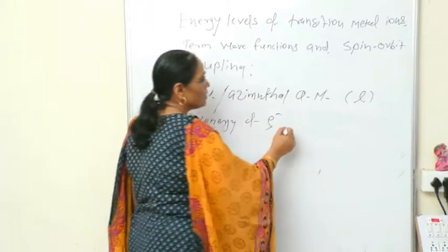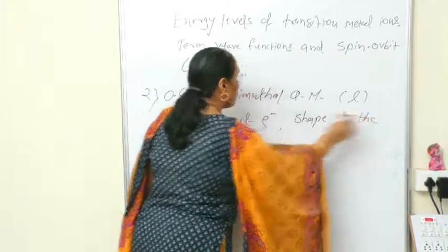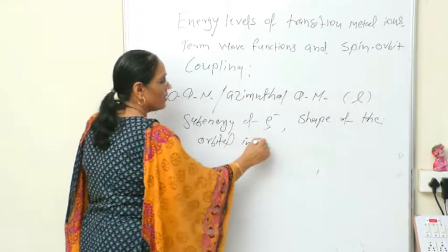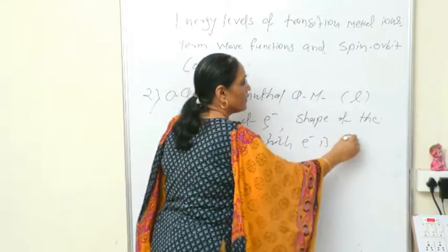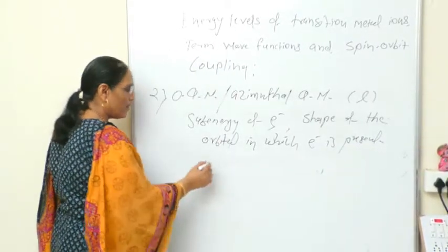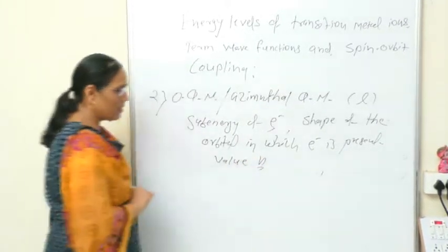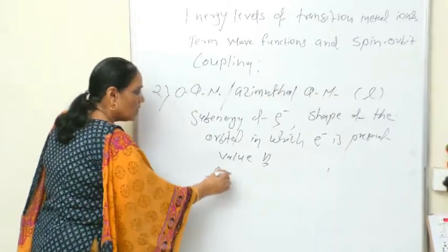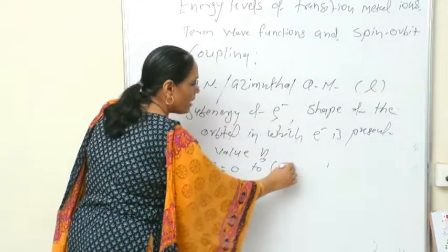It also gives the shape of the orbital in which the electron is present, and its values depend upon the value of principal quantum number n, and it can have values from 0 to n minus 1.